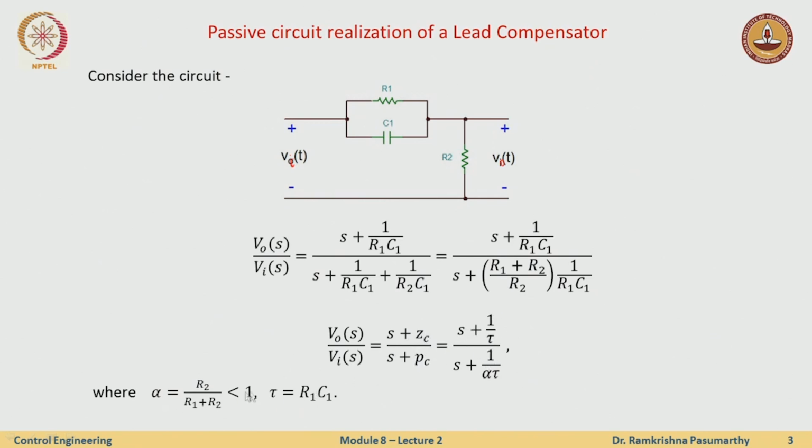Where alpha here is R2 over R1 plus R2, and we clearly see that this is less than 1, and tau is R1 C1. This alpha being less than 1 ensures that the pole is to the left of the zero. So this is how we will construct a lead compensator, and this will have some angle contribution, some gain contribution and so on, because there is some dynamic element here in terms of C1.